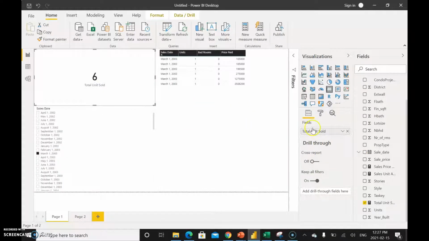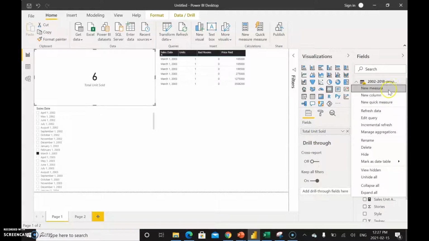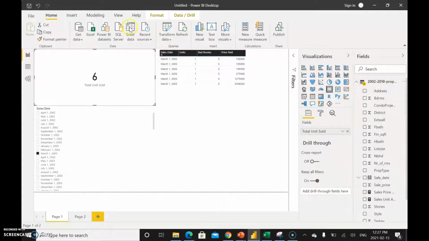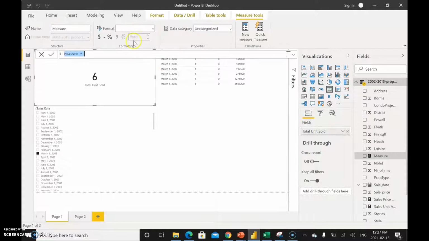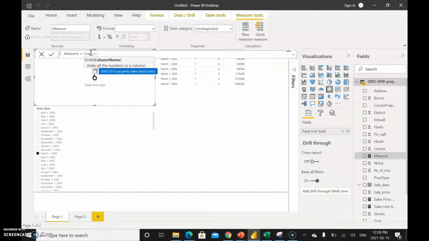Over here I am using a measure in order to calculate how many properties are sold, by creating a new measure, adding it as a count or a sum, and then selecting that per property by unit, and it adds it over here.